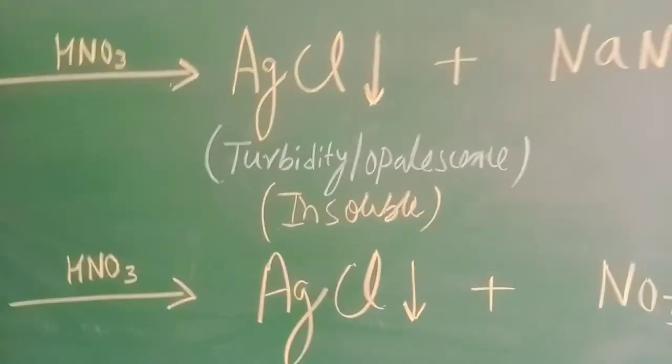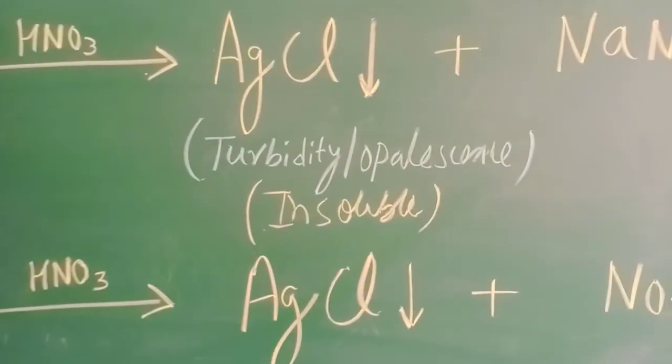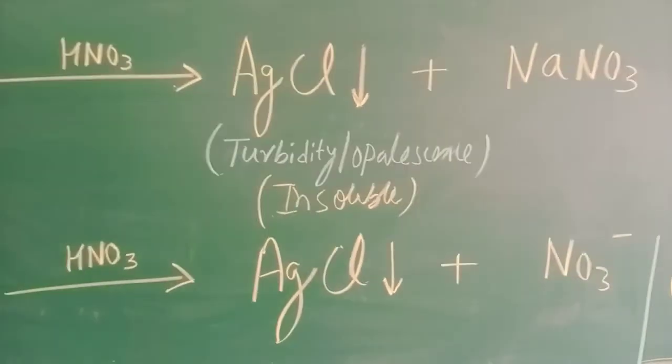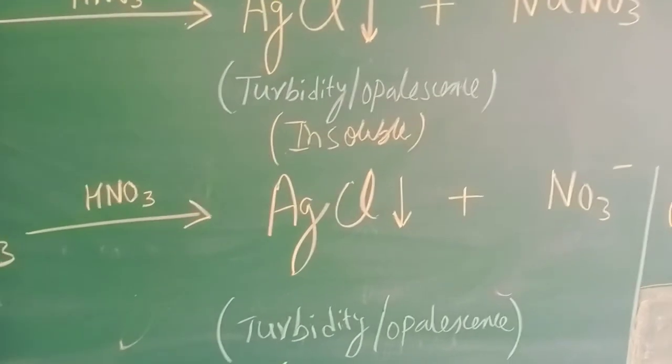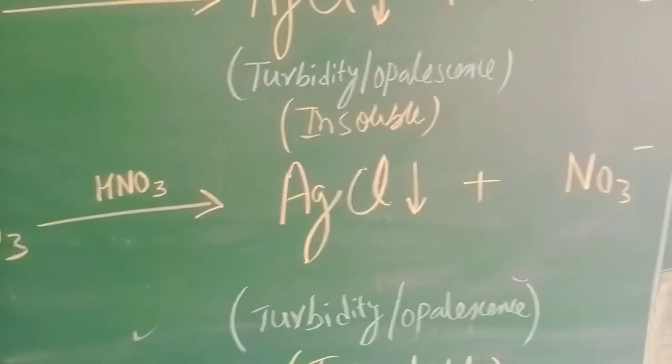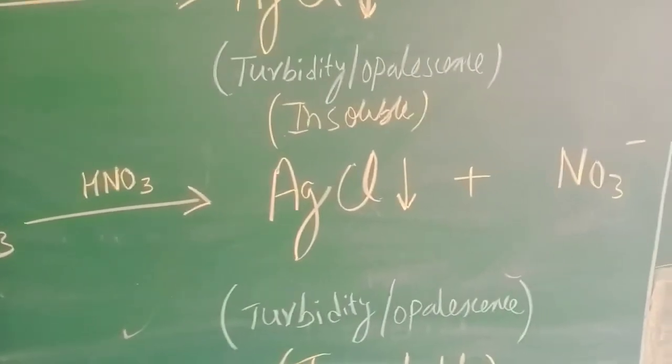And these similar primary products which are produced in both the reactions are responsible for formation of turbidity or opalescence.